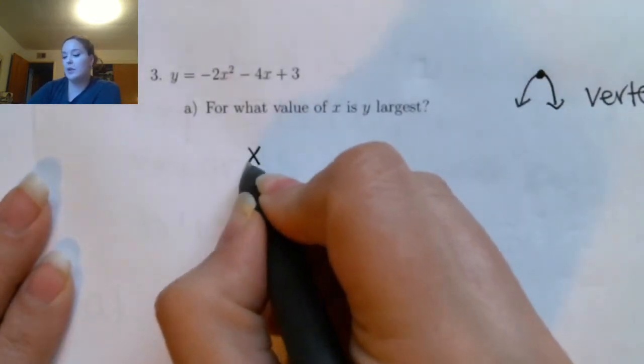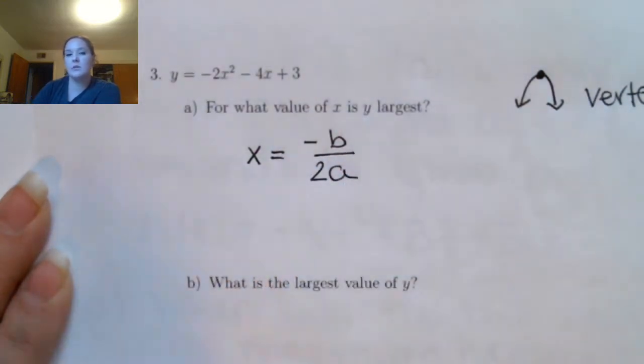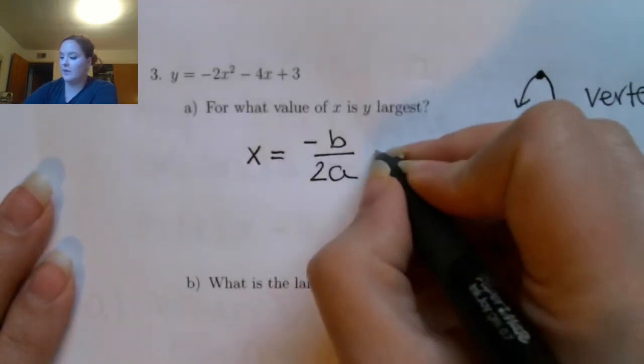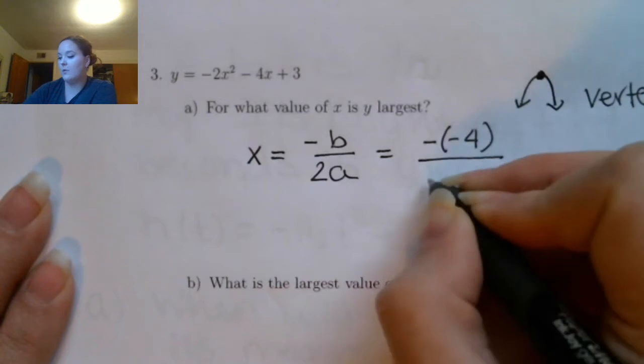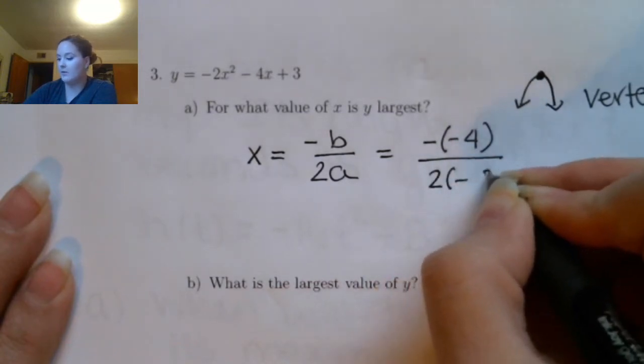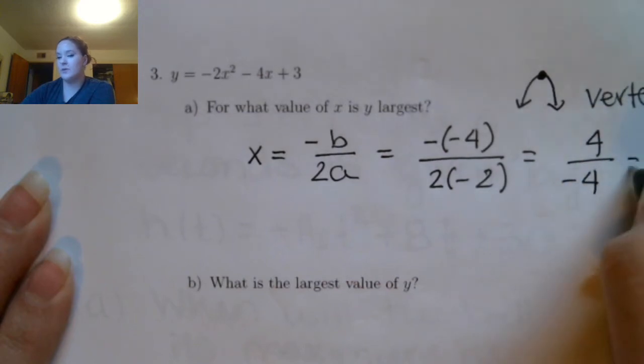We're going to use that same formula to look for the vertex of this. We would have minus b over 2a, so I'll get 4 over -4, which is -1.